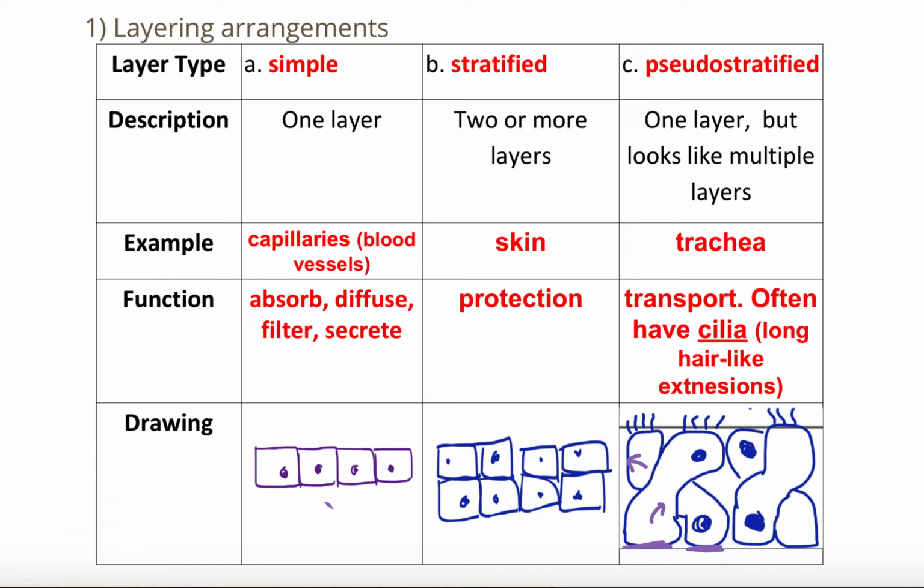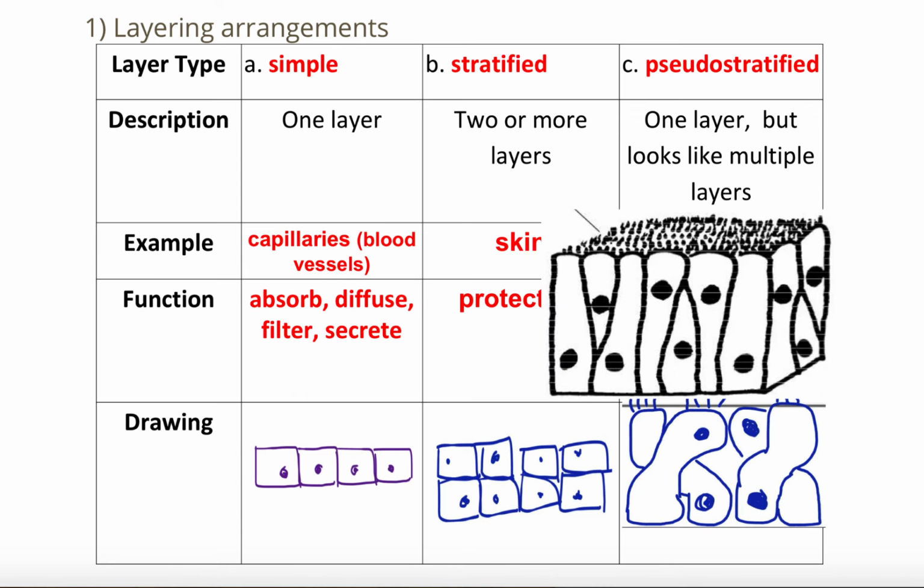Even though there's only one cell here and one cell here and one cell here, because they flop over, they end up crossing each other occasionally, and then it ends up looking like more than one layer, even though this guy is actually just flopping over and ends up accidentally looking like a stratified two layers of cells when it's not actually that. And that's why it's called pseudostratified. So it's only one cell layer, but it's pseudo, it's fake stratified.